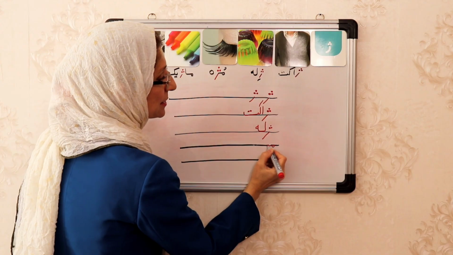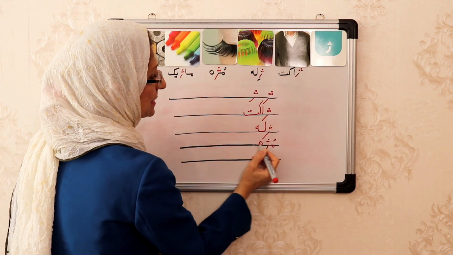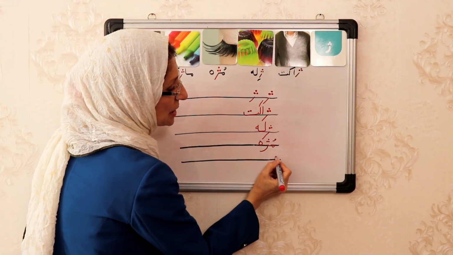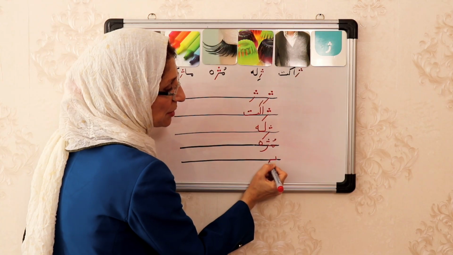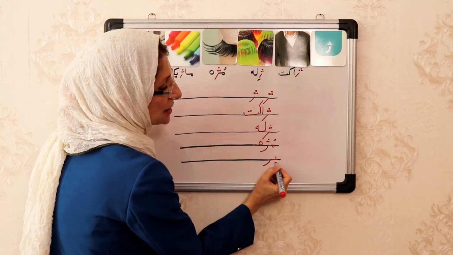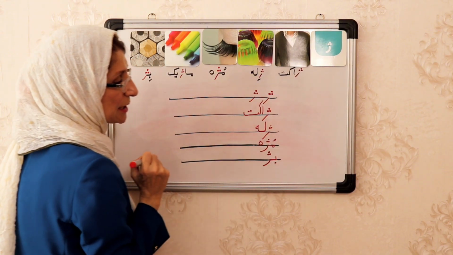One line, moje. And one line, beige. You see, first we write the tooth for b, then write the j, return back, write the dot for b and the dots for j.